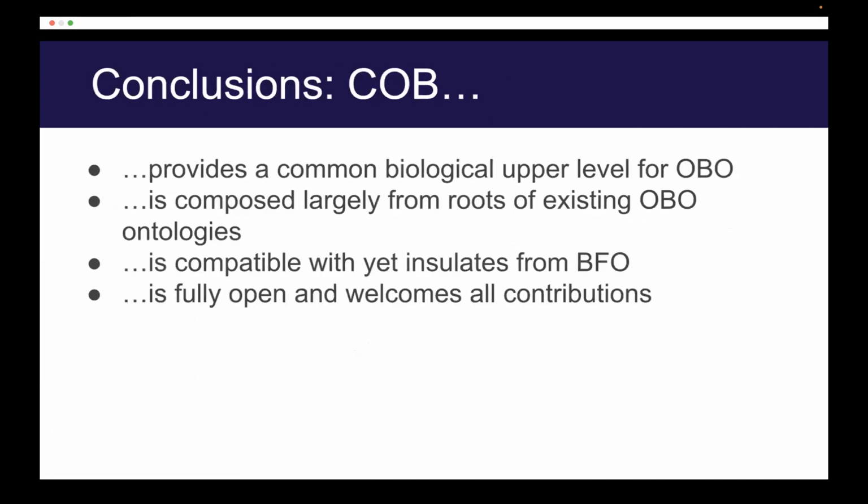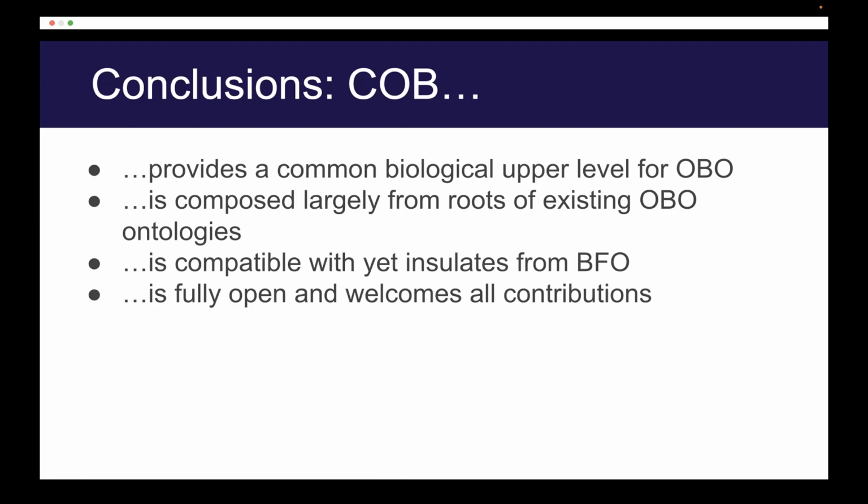So with that, maybe I can briefly conclude. COB provides a common biological upper level for OBO. COB wasn't just built top down de novo. It's composed largely bottom up from the roots of existing terms within OBO ontologies. It is fully compatible with Buffalo, yet it largely insulates the common user from some of the abstractions within it. And perhaps most importantly, it's fully open.